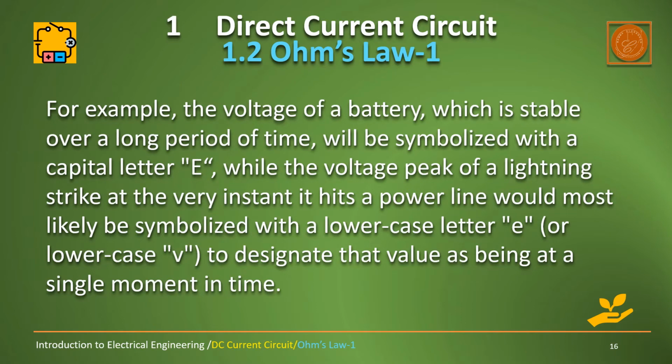For example, the voltage of a battery, which is stable over a long period of time, will be symbolized with the capital letter E, while the voltage peak of a lightning streak at the very instant it hits a power line would most likely be symbolized with the lowercase letter e or lowercase v to designate that value as being at a single moment in time.